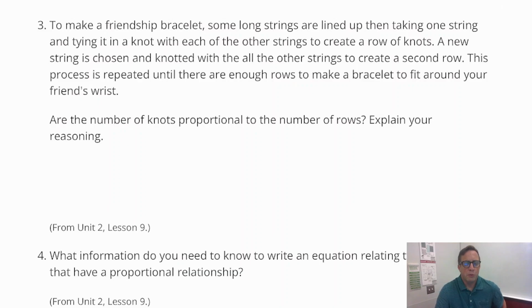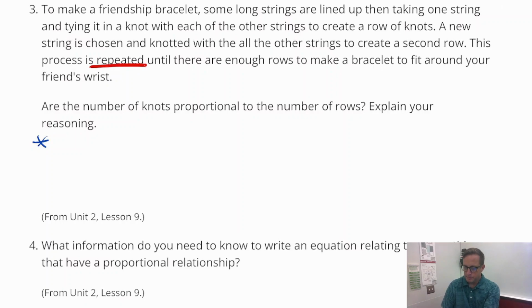This process is repeated, meaning that same number is going to happen again and again and again. So what we can conclude is that each row has the same number of knots.